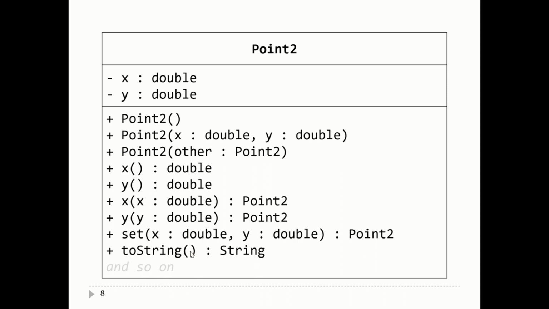So toString, no parameters, and returns a string. If you actually look at the point2 class implementation in the notes or in the source code for the class, you'll see there's probably another dozen, maybe more. There's quite a few other methods in the point2 class. We just haven't talked about them yet.